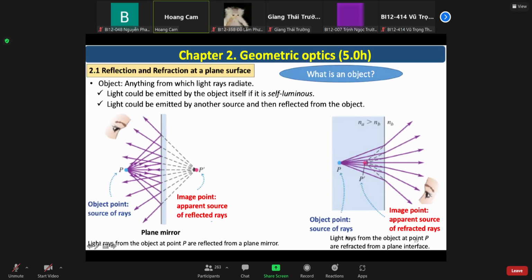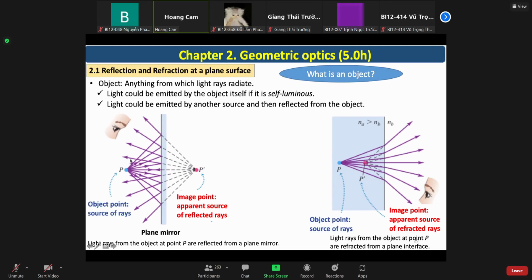So it's the apparent source of the refracted rays. For the refraction by the plane surface, we see here the light rays from the object at point P are refracted from a plane interface. And in order to draw that, we follow Snell's law.